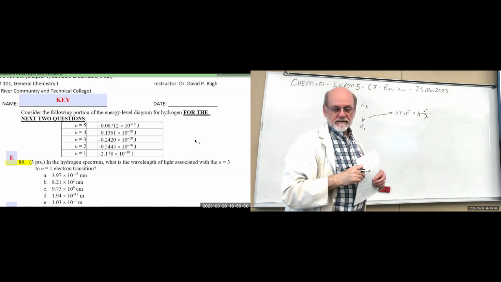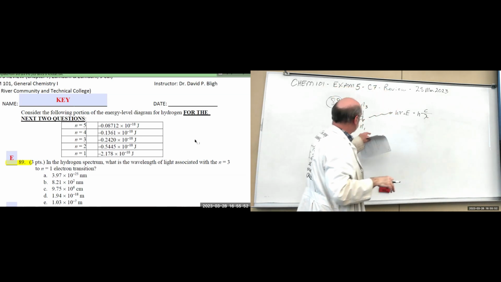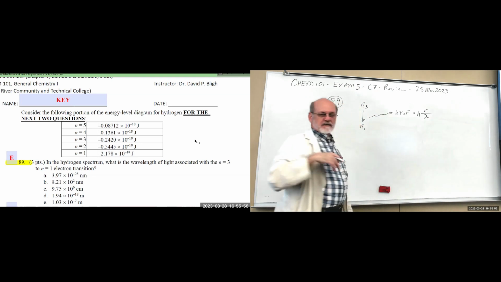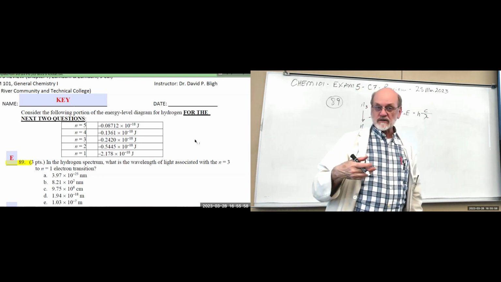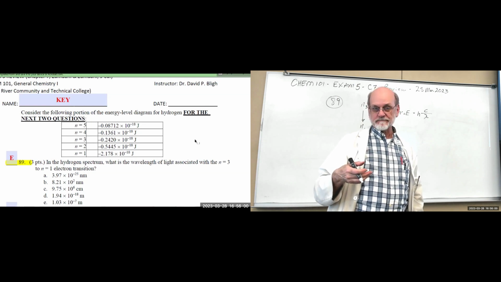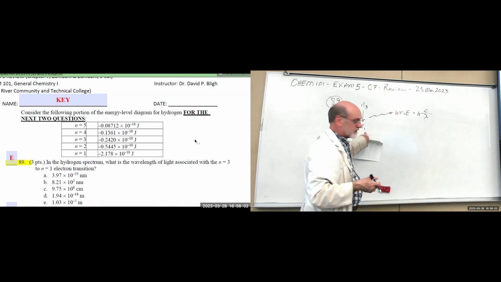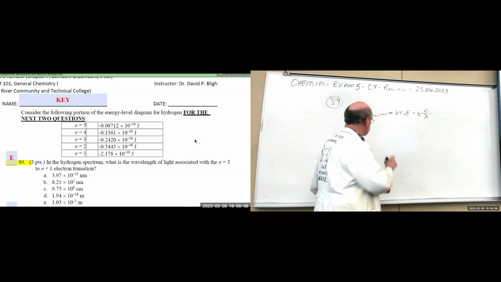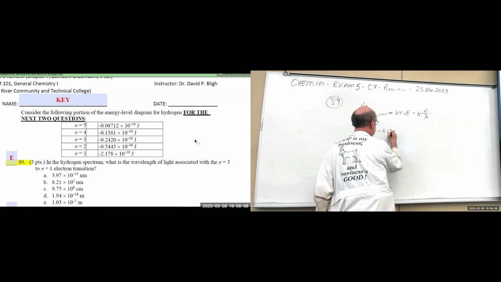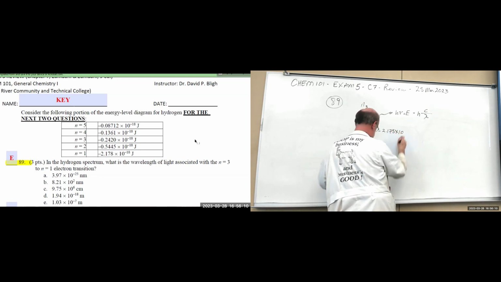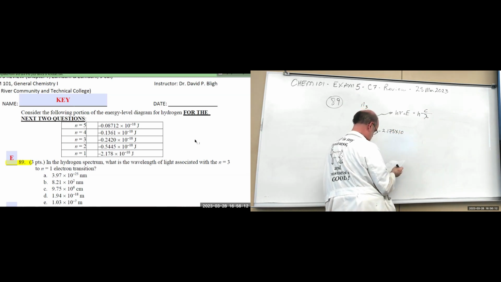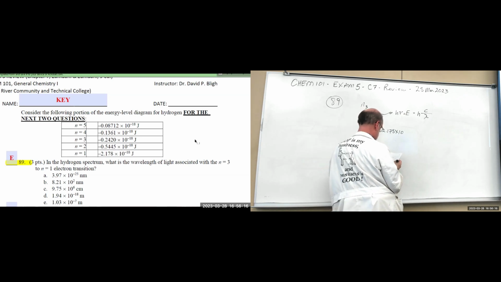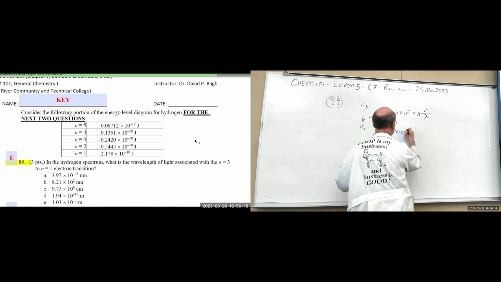So using these differences, if we go from 3 to 1, then final minus initial is the energy jump. So the final is 1. And 1 is minus 2.178 times 10 to the negative 18.